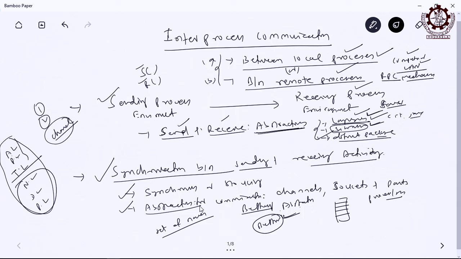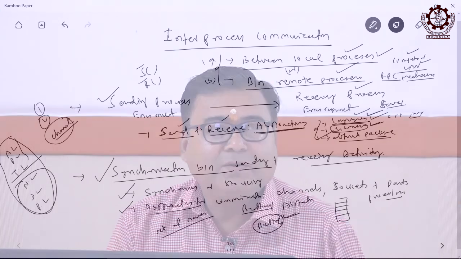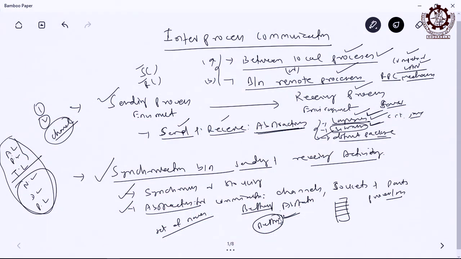Asynchronous is not reliable, but what is the advantage of asynchronous communication? There is no requirement of a buffer, because we are not going to store the data. So, these are the various forms. Whenever cost is important, we should go for asynchronous. When the cost is not important, we should go for synchronous. We shall see which operating system and which platform uses the synchronous type and which use the asynchronous type.